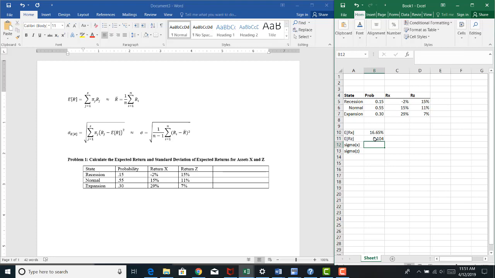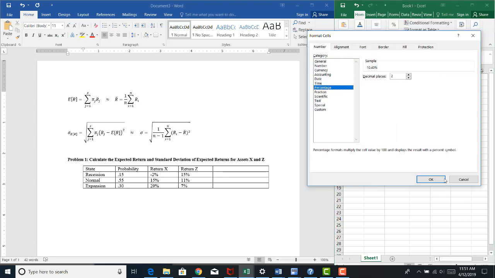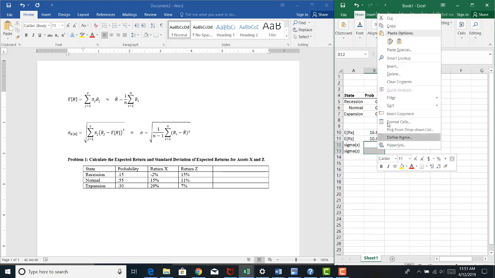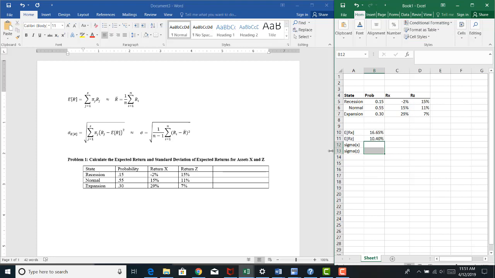And I get a return of 10.4%. Format that as a percentage. I'm also going to quickly format these as percentages too. Does that make sense? So that formula looks a little tricky, but it's just taking the weighted average, where the weights are the probabilities of the different economic states.